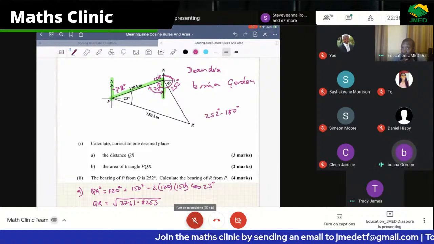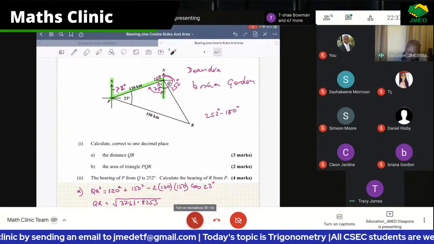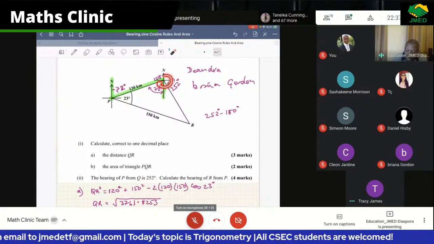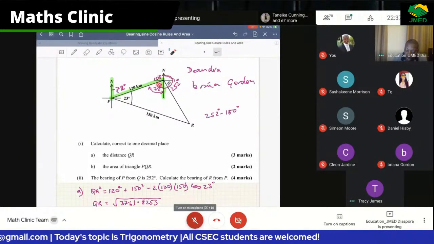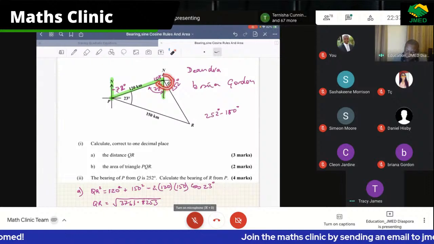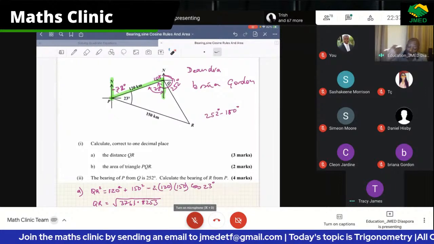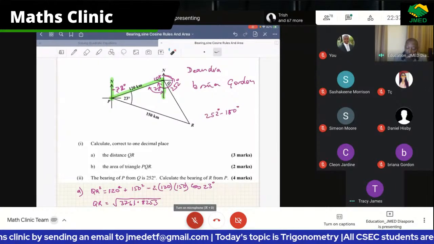Hold on, sir, I didn't see that. All of you were going too fast. So do that one more time, please. Okay. So you've got an angle here. That's a bearing. If you're calculating the back bearing, and this bearing is 252, which is more than 180, if we take away 180 from it, we get the back bearing.